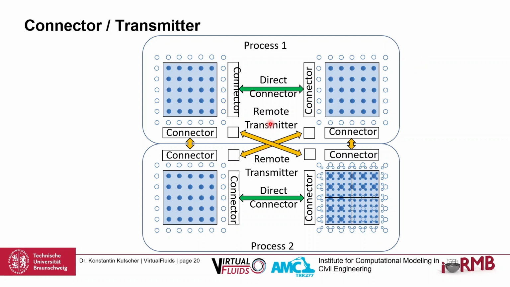Okay, and to communicate between these distributed processes, we use the transmitter. And this transmitter is changeable. As I said, we implement a transmitter for MPI, but for example, if you have another communication framework, you can develop your own, for example with TCP, and implement a transmitter for this communication framework.